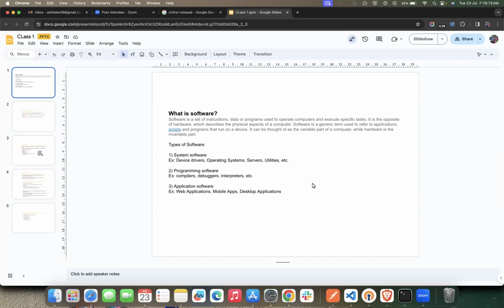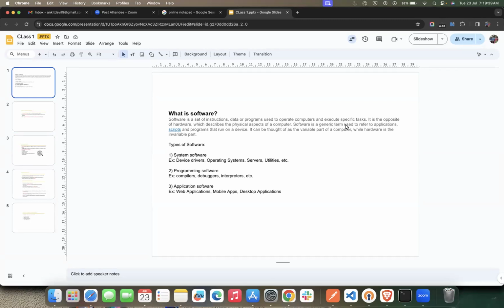The interface that converts our high level language, that is our English language, to the language of machine, that's what a software does. And by definition, it's simply what is written here. Software is a set of instructions or data or program used to operate a computer and execute a specific task.